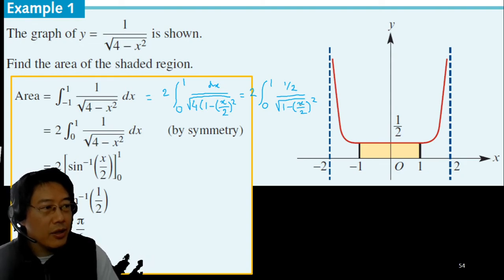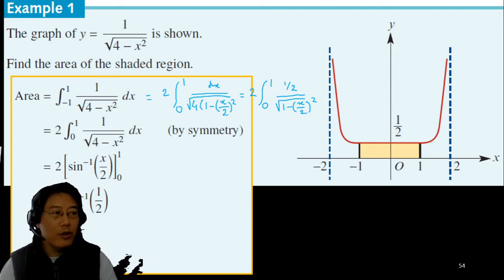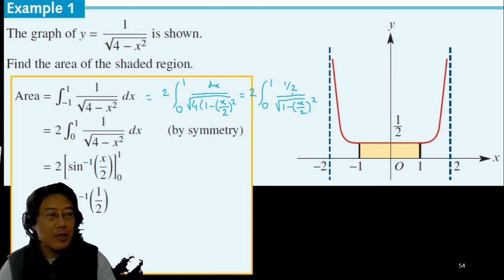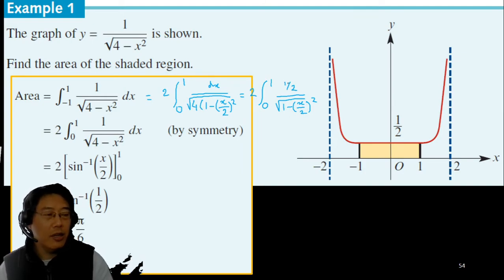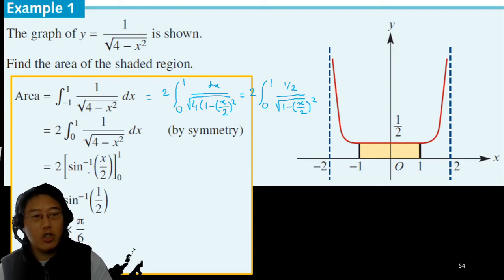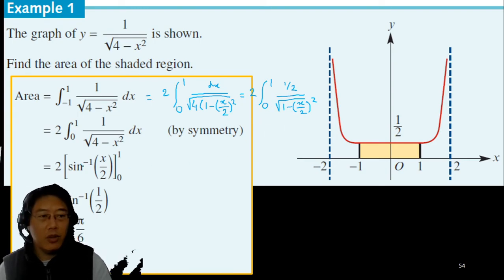Now inside the x over 2, that 1 over 2 is the same value as that 2, yeah, that's the same value as over here. So now you can anti-differentiate using inverse of sine of x over 2.